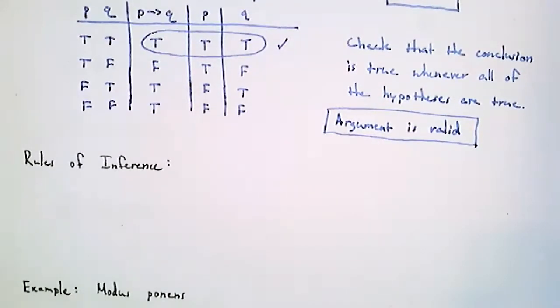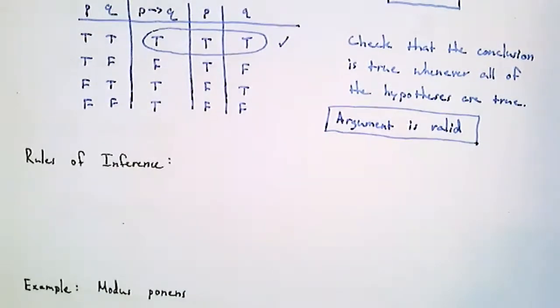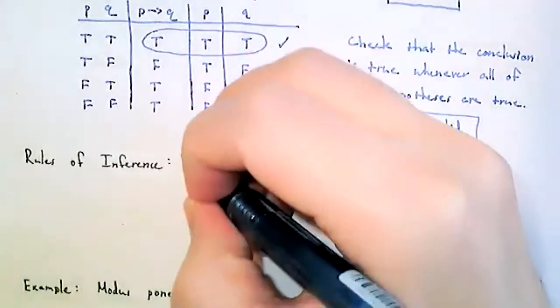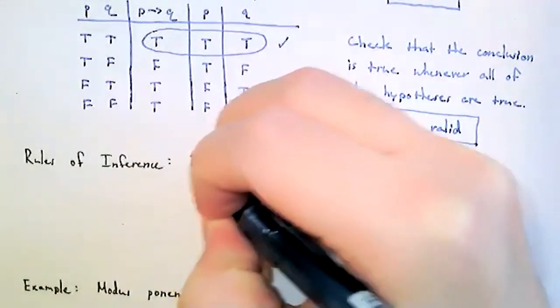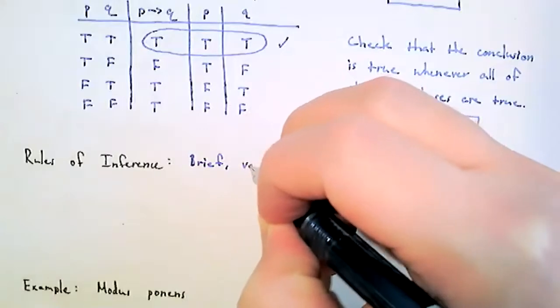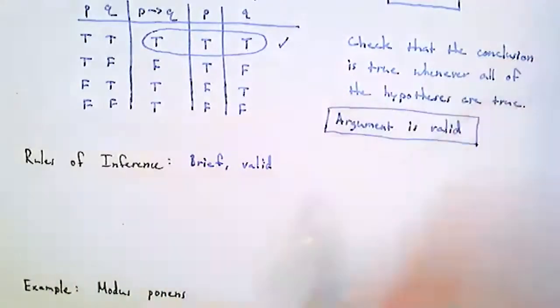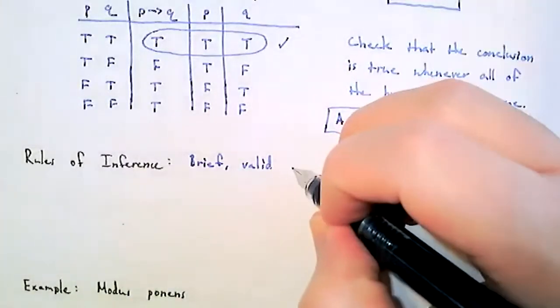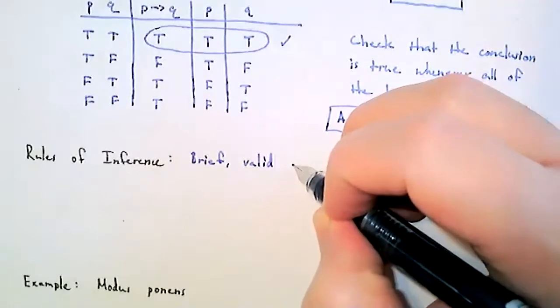Okay, so that brings us to the next little topic here called the rules of inference. So what these are: brief, valid arguments that are building blocks for more complicated arguments, essentially.